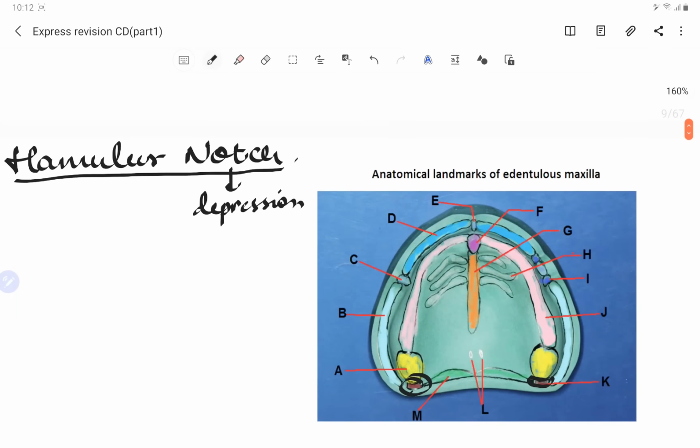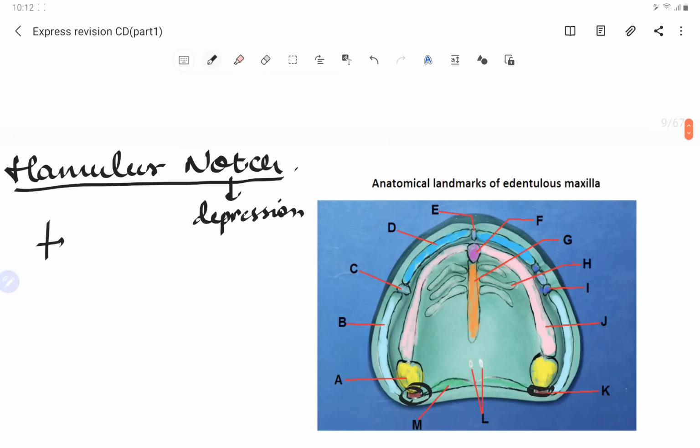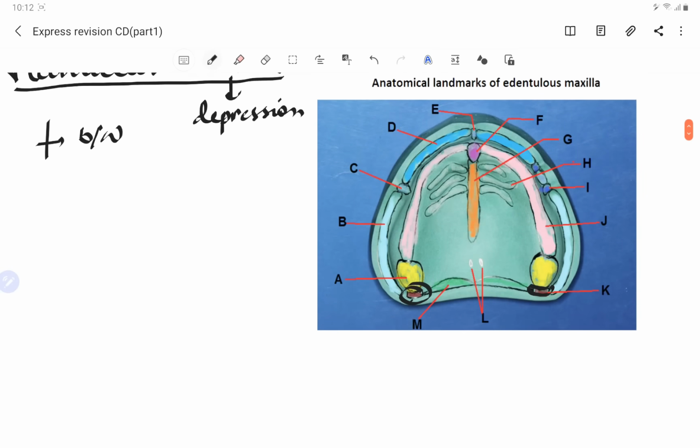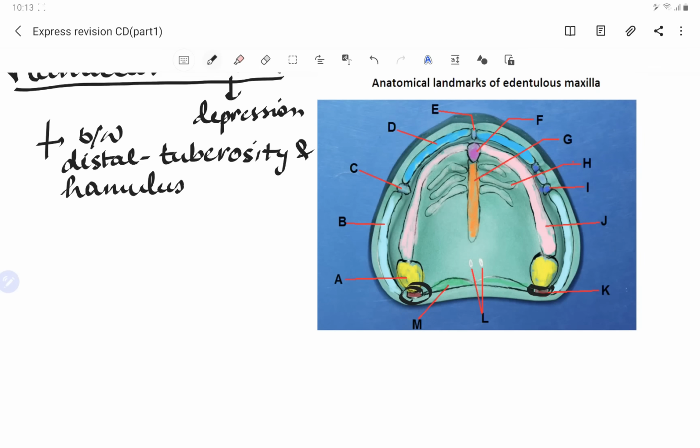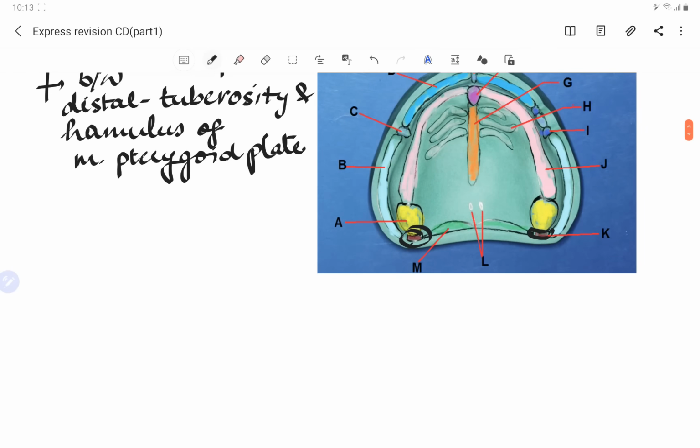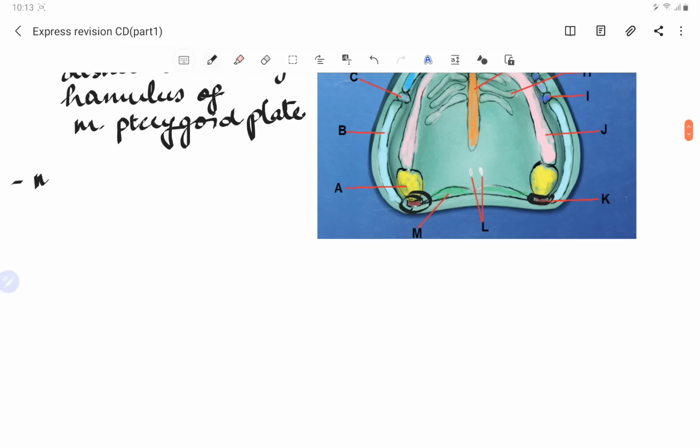So hamular notch is present between the distal surface of the tuberosity and the hamulus of the medial pterygoid plate. The most important thing about hamular notch is that it is going to mark the posterior border of the maxillary denture.